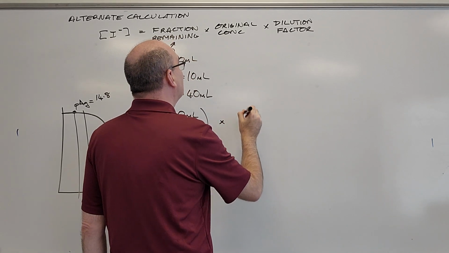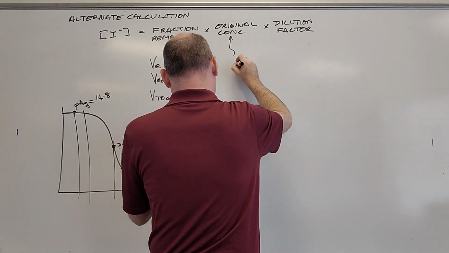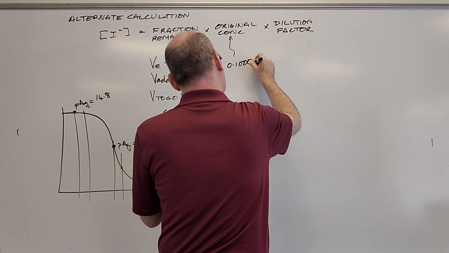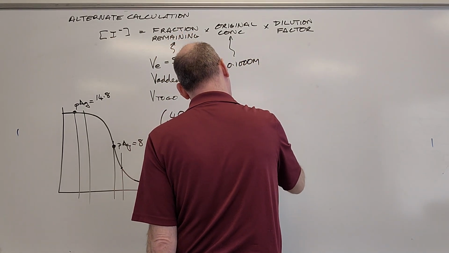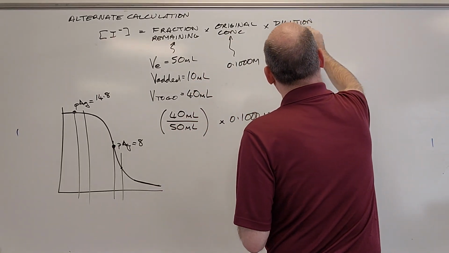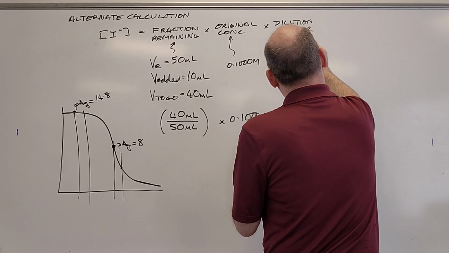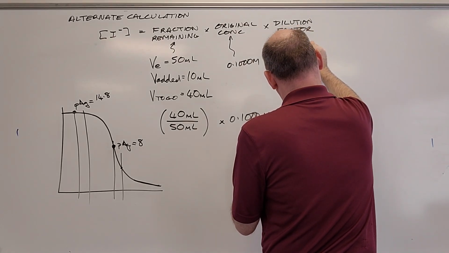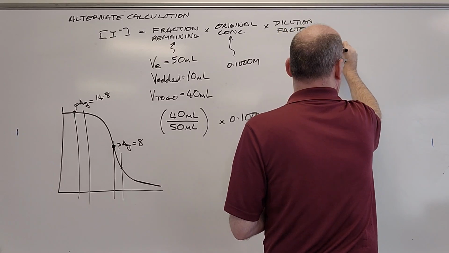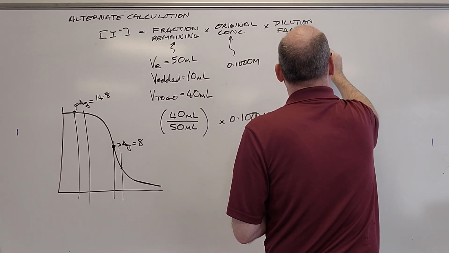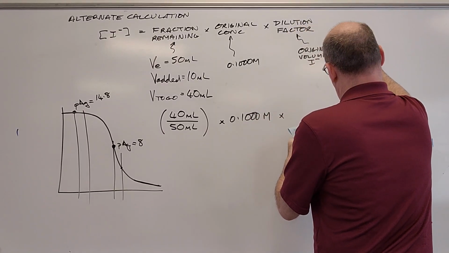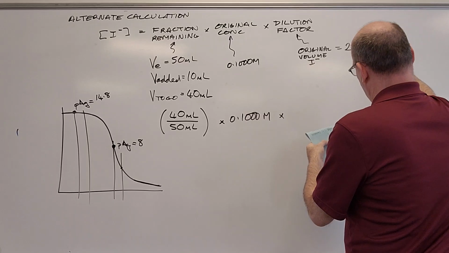Our original concentration, right here, was 0.1 moles per liter. And the dilution factor, this guy: your original volume for the iodide is 25 milliliters.